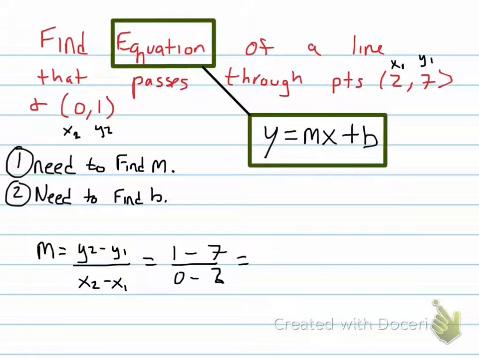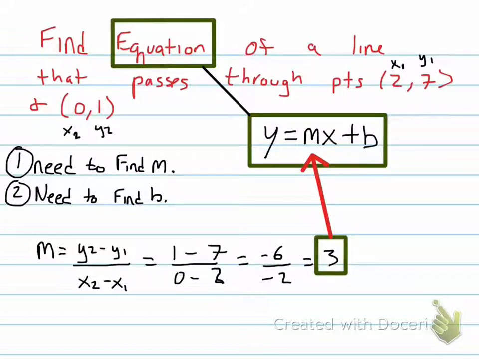So, what do we get? We get a negative 6 over a negative 2, which will equal a positive 3. So my m here is going to go in there. Okay, that's my m for this line.